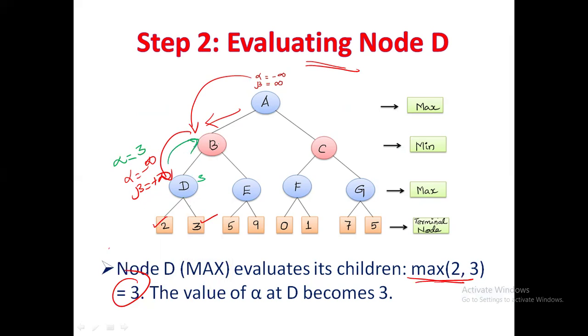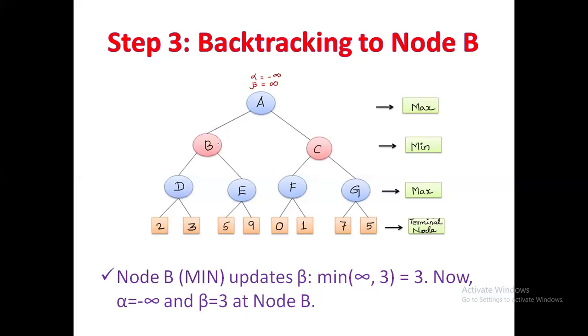Next, the third step is backtracking to node B. At node B, what value will be selected? Here alpha is, in the previous step we got 3, and beta is equal to plus infinity, right? Now it is the minimizer's turn to update beta.